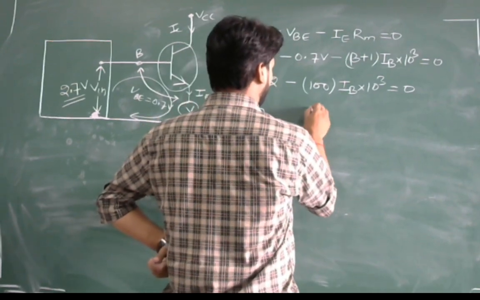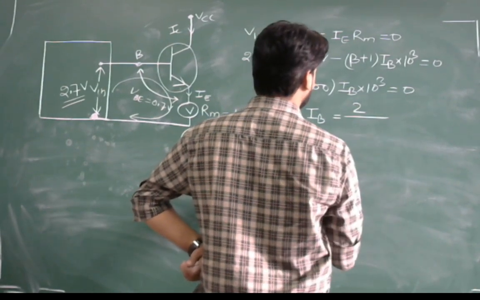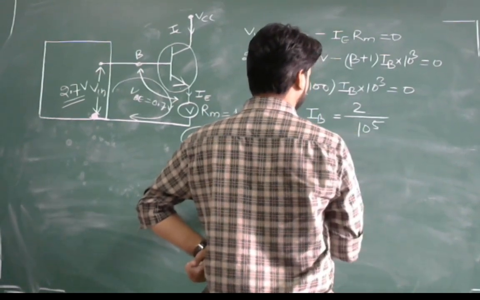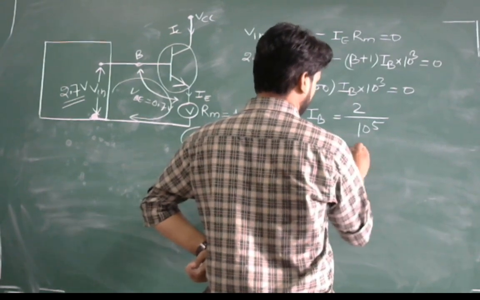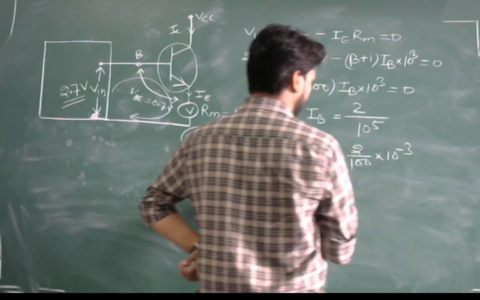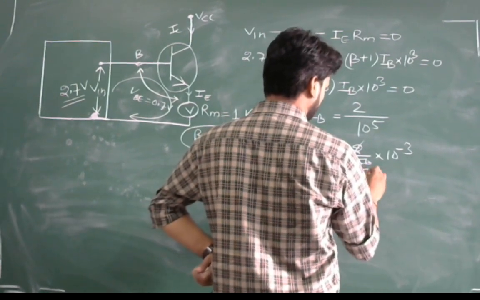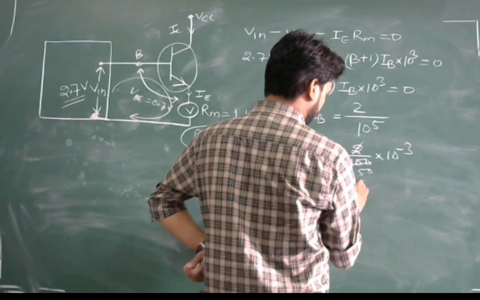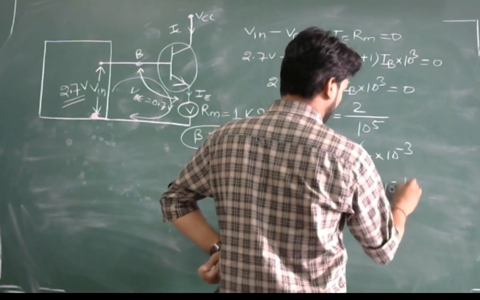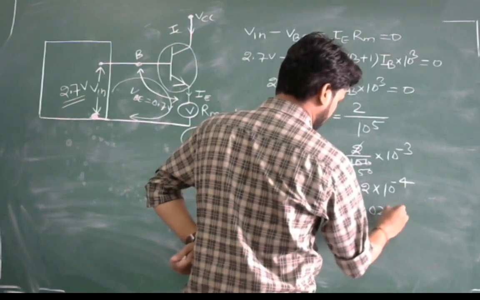From here the value of IB is equal to 2 upon 10 power 3 into 10 power 2, 2 upon 10 power 5, or we can say that it is 2 by 100 into 10 power minus 3, or 0.2 into 10 power minus 4, or it can be written as 0.02 milliampere.